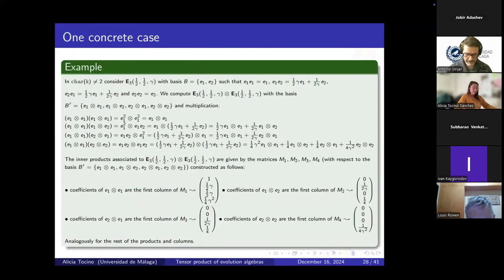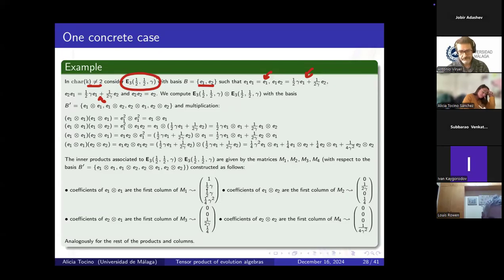As an example, we have, in characteristic different from 2, this algebra with this basis, E1, E2, and this multiplication: E1 squared is E1, E1E2 is this, E2E1 is this. It has to be commutative, so E2 squared is E2.